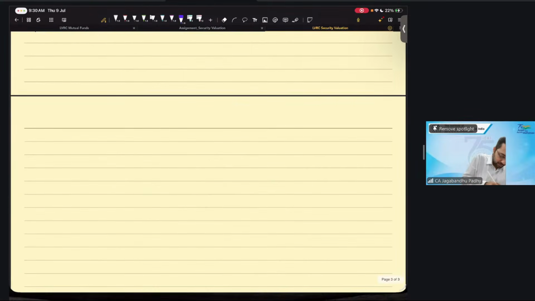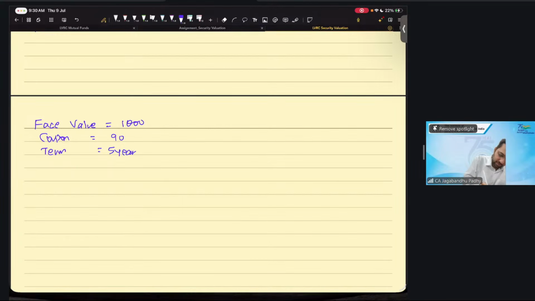Okay, so let us take a bond with a face value of 1,000, against which we are getting a coupon of, let's say, 90 rupees.